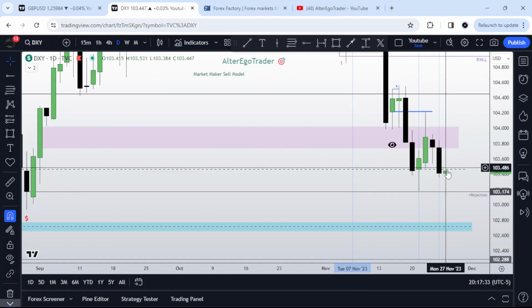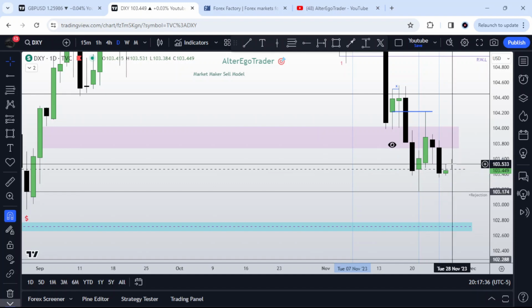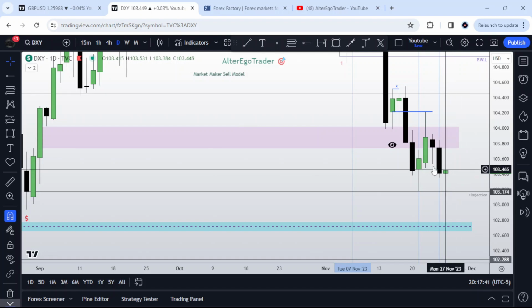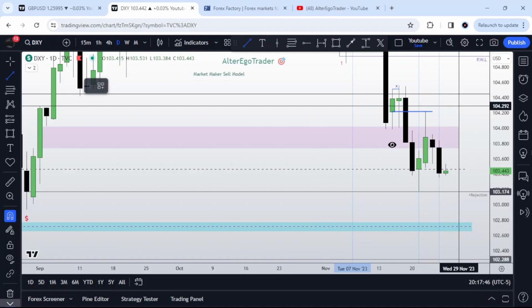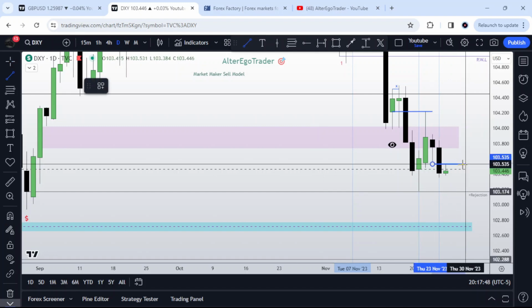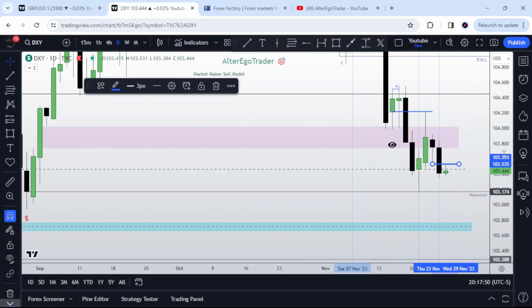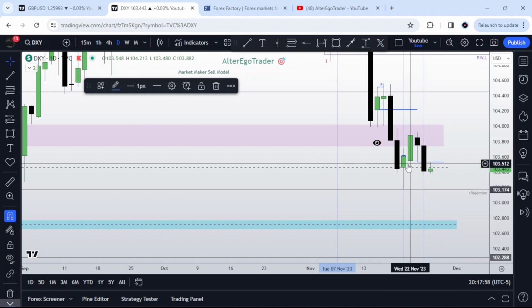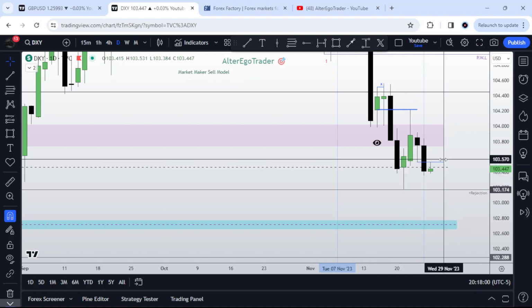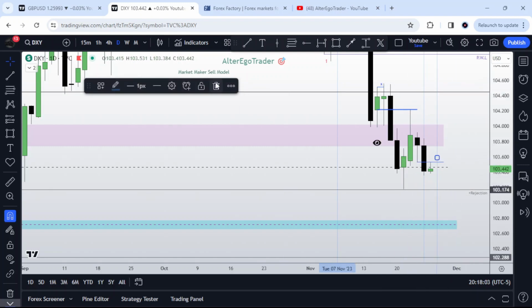I'll be looking for price trading higher. How high? This right here is a premium array where price could really just go there, respect it, and start dropping, and there we have the high of the week. But I wouldn't just jump to conclusions.